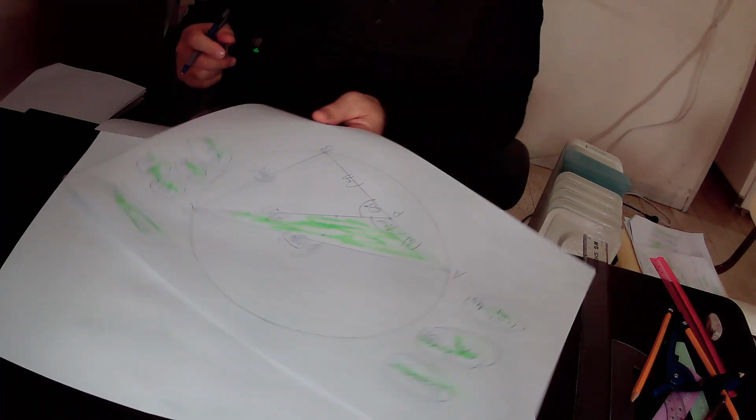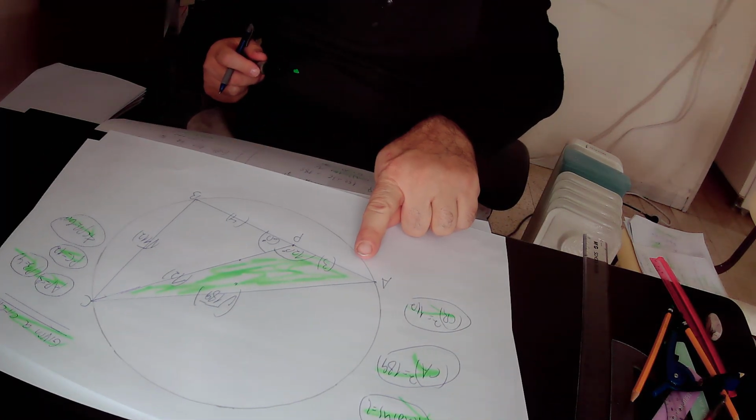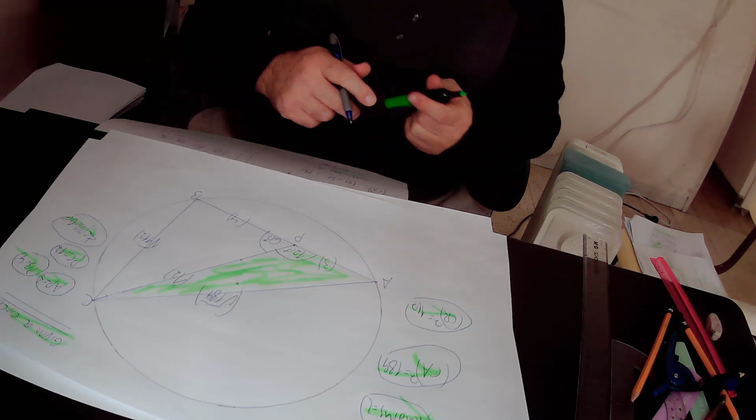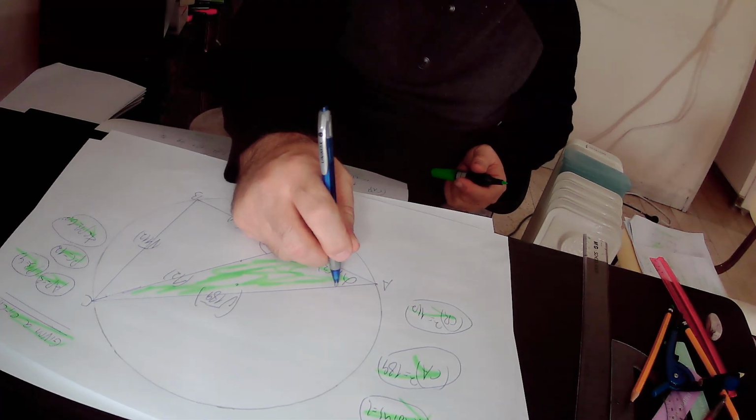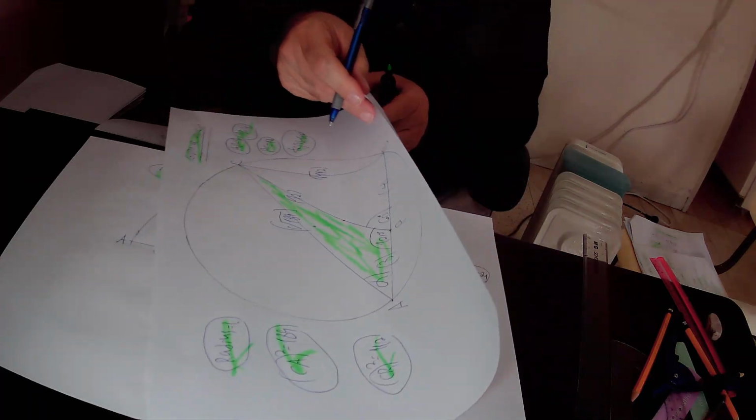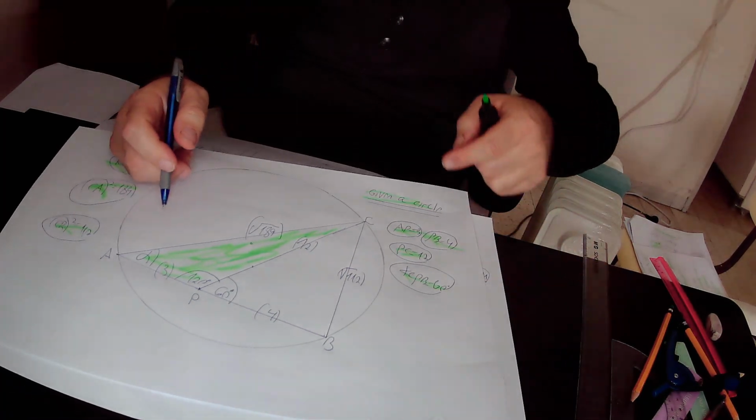In the next step, we'll define this angle CAB as alpha, and we will apply the law of cosines to this big triangle, triangle ABC.